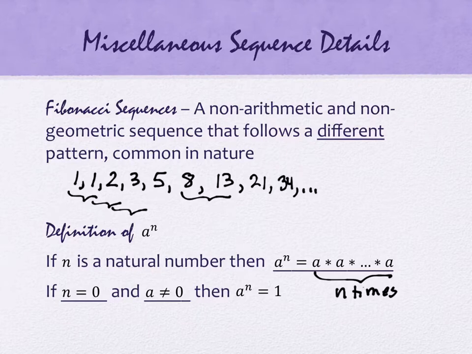And for now, by definition, we would say that if n is equal to 0 and the base is not 0, then a to the 0 is equal to 1. Okay, so just having your notes, and then when I need it, I'm going to actually reference back to it.